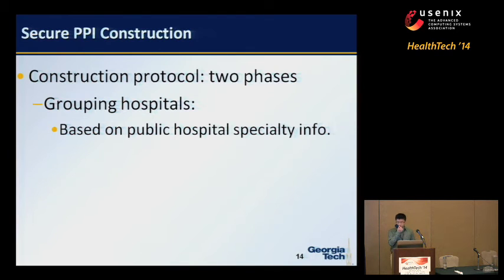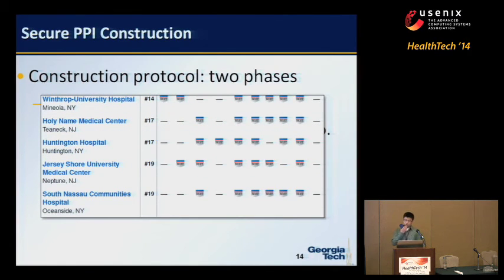And our current protocol for index construction consists of two phases. The first phase is to group hospitals by a third-party entity in the public domain based on publicly available hospital specialty information. So for example, we can crawl the specialty information from USENIX. Basically, USENIX provides this data set, which ranks different hospitals by their specialties with 3 grades.